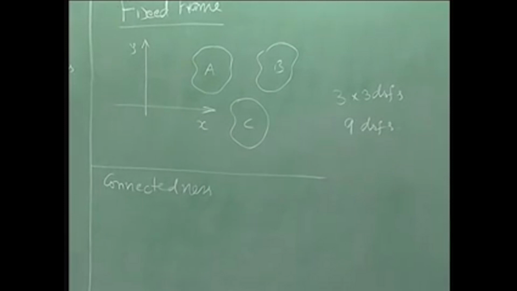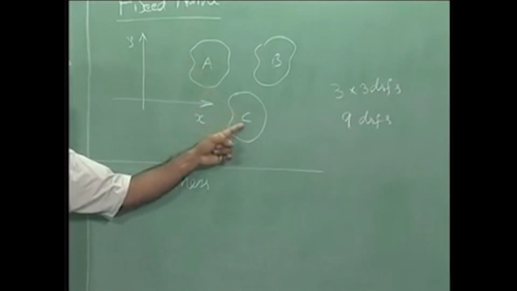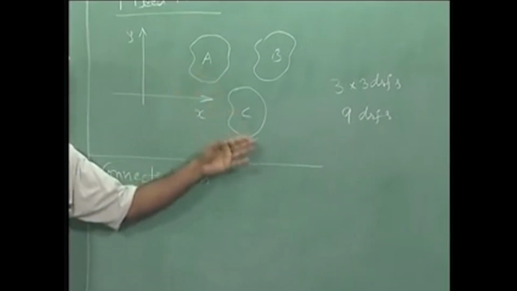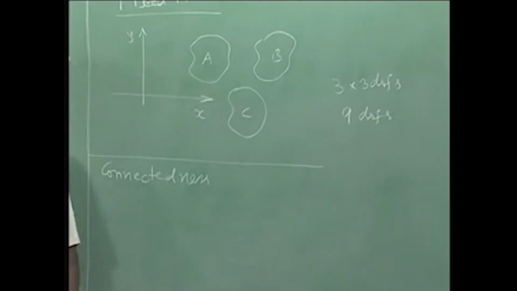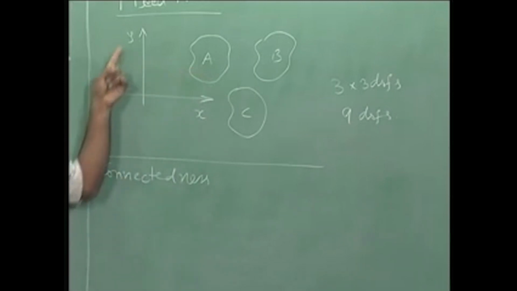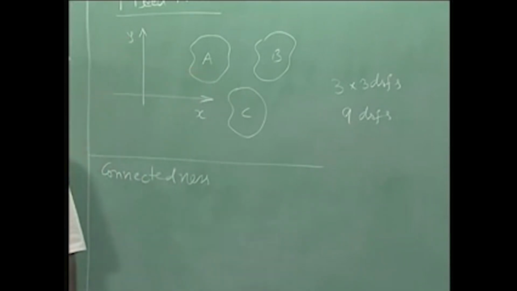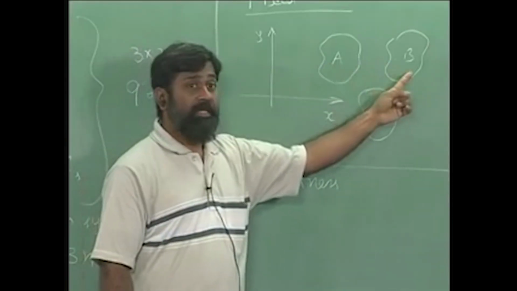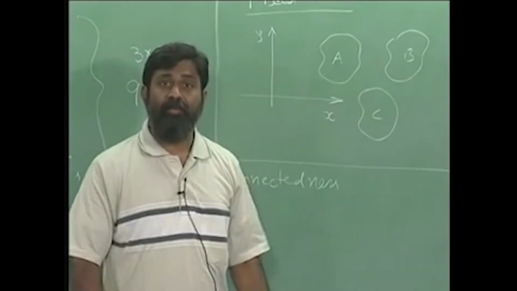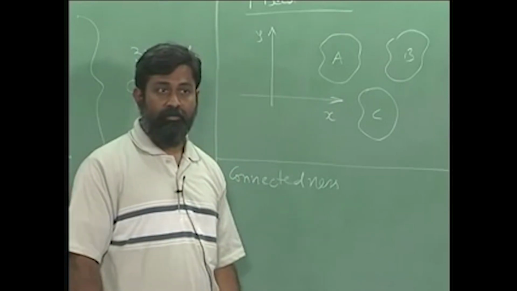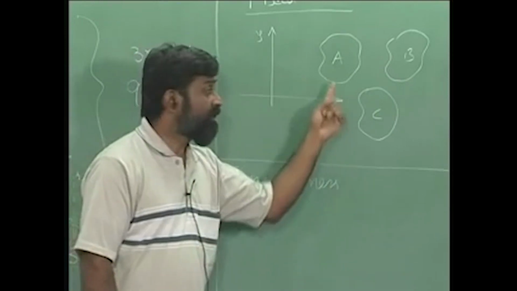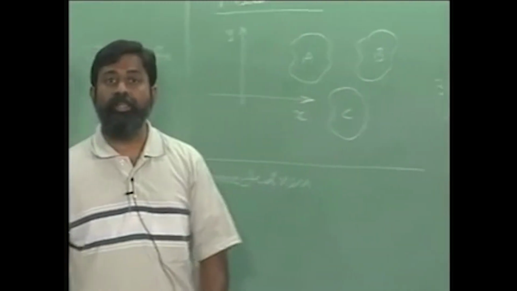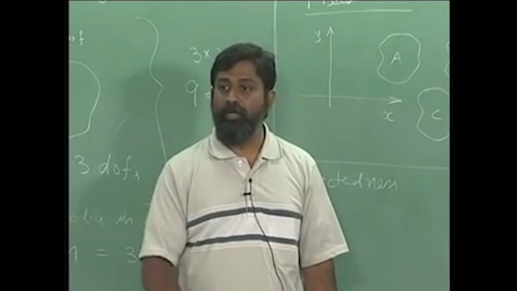If I say, let us say these two rigid bodies do not move independent of each other, but there is some connection that I have established, or it could also be with respect to fixed frame of reference, okay. So in other words, unless I say that these are completely independent bodies, if I have some connectedness that I define, the number of values that I have to use to define the motion will come down, okay.